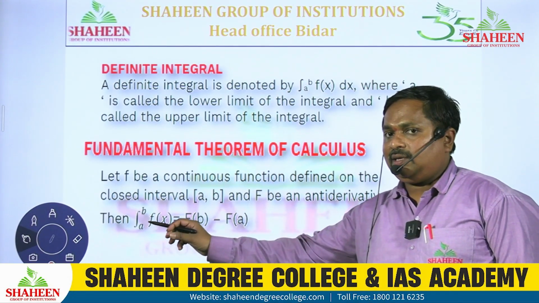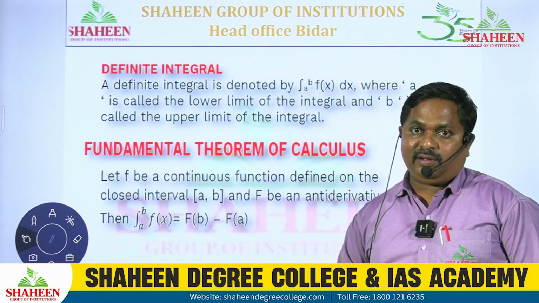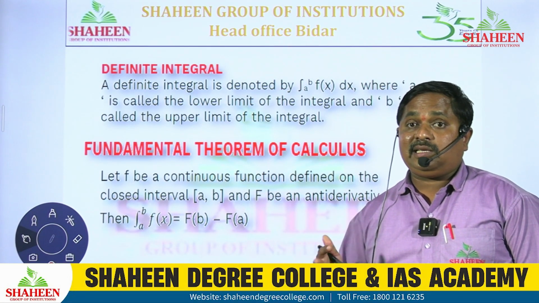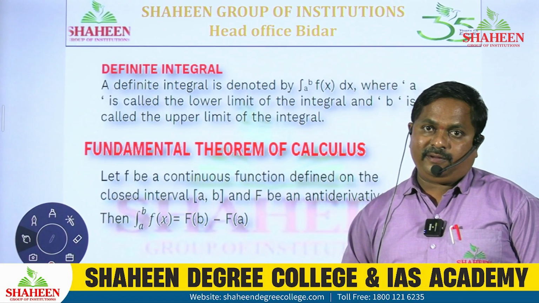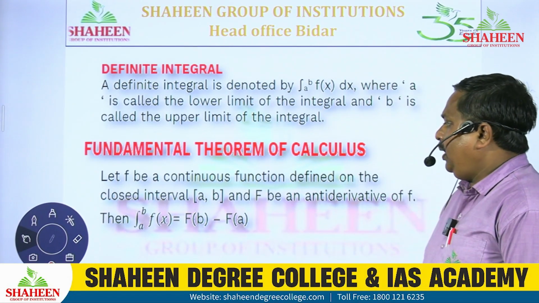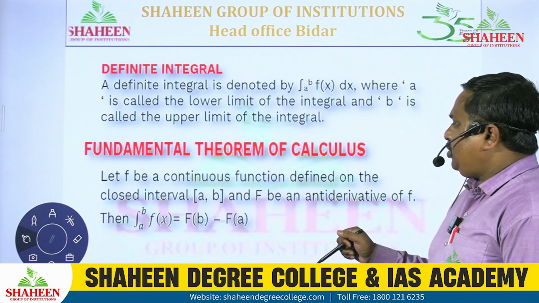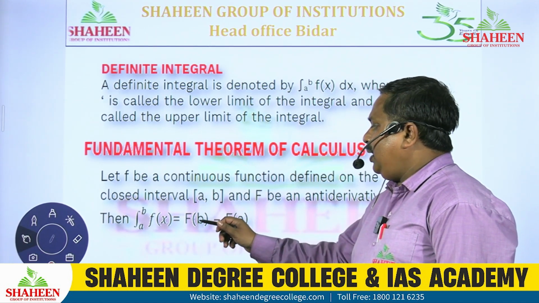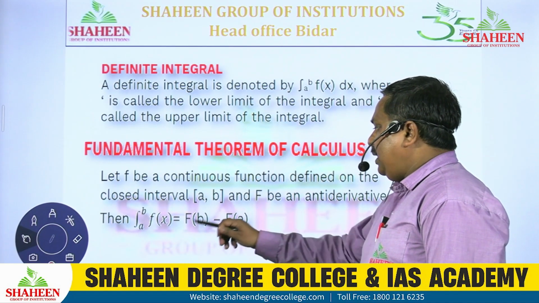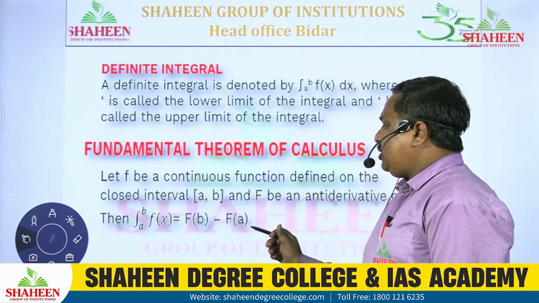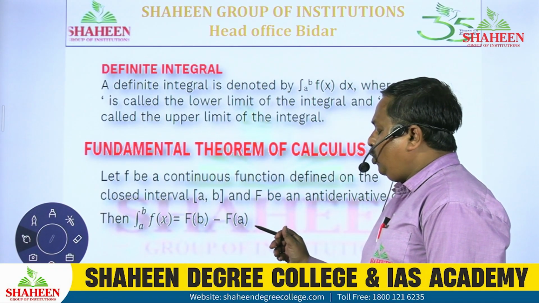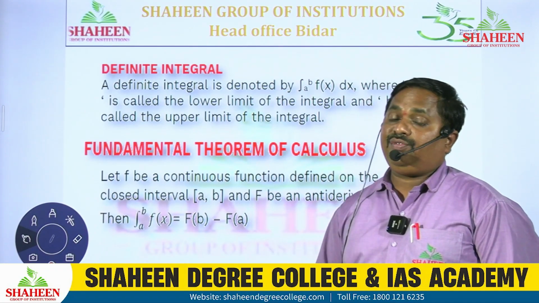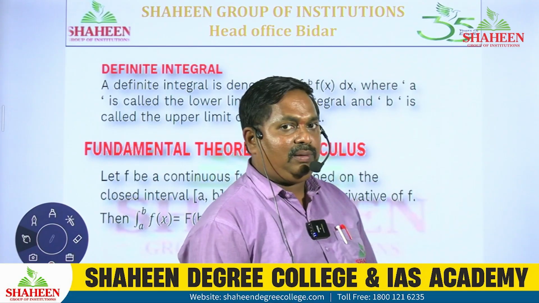Small f of x is the given integrable function. Capital F of x is the result of integrating small f of x. After integration we substitute the upper value first and the lower value next, and the subtraction of the upper value and lower value is the definite value of the given integrable function.